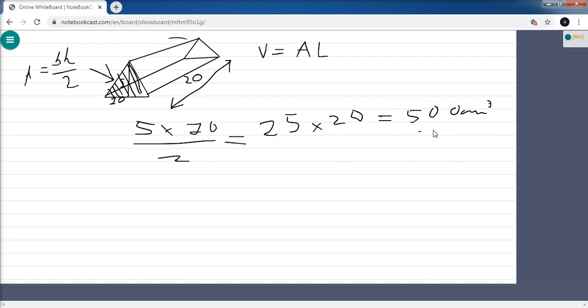500. That's the answer. Now if we want to find the surface area, we have to find the area of both of the triangles, which will be 50. So the triangles are 50 plus, but be careful here, because the bottom one is 200, so you have to multiply.